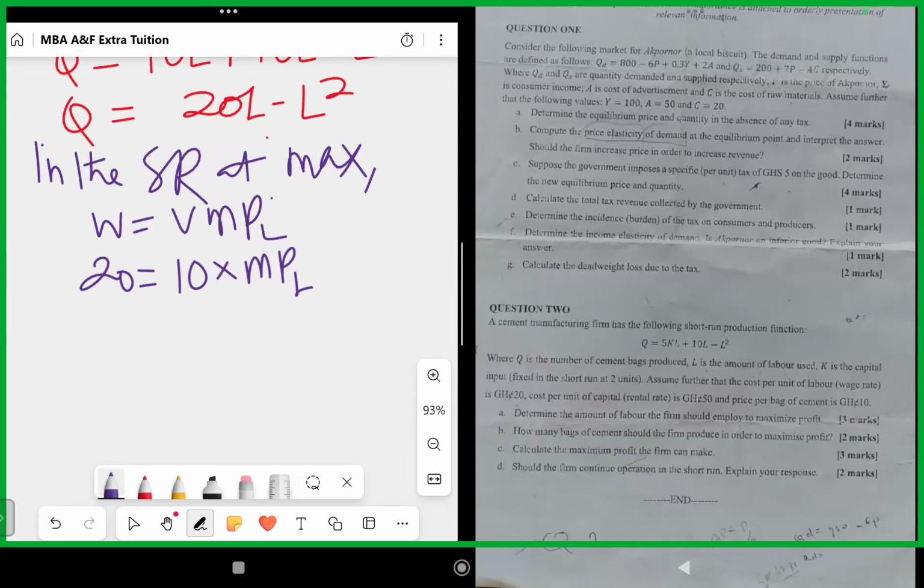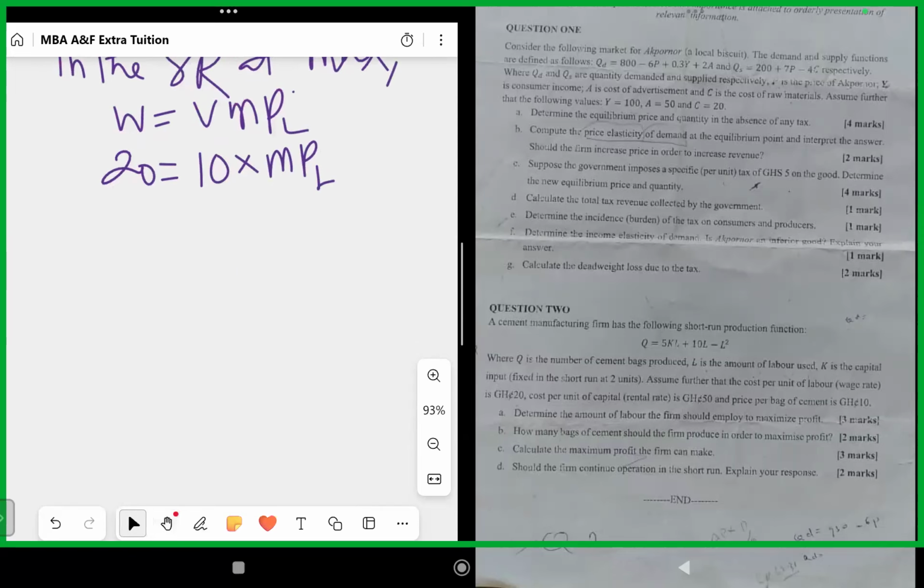So we have to go and solve for the MPL. What is the MPL? Whenever it's marginal product of labor in economics, when we talk about marginal, we're talking about the change in the product of labor.